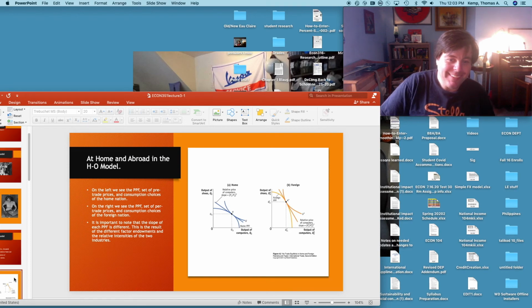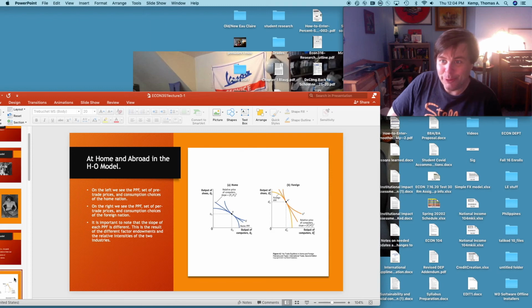All right. Implicit within this layout, I'm sure it's in the text made explicit, but implicit within this is that computers are capital intensive, right? So we're going to use a lot more capital to make computers when compared to shoes. And conversely, shoes are by default labor intensive.